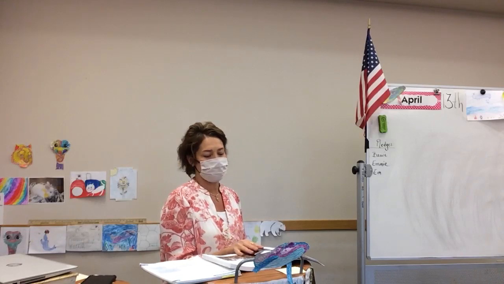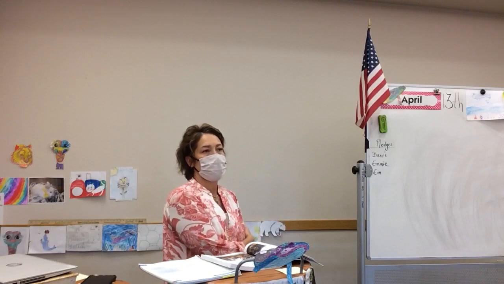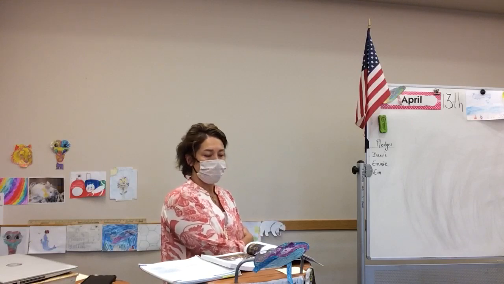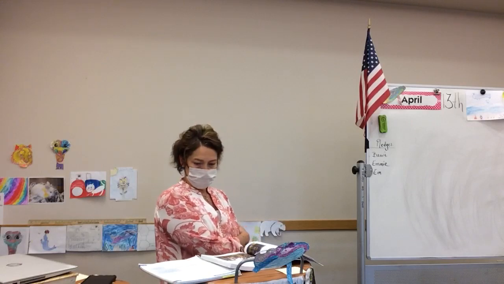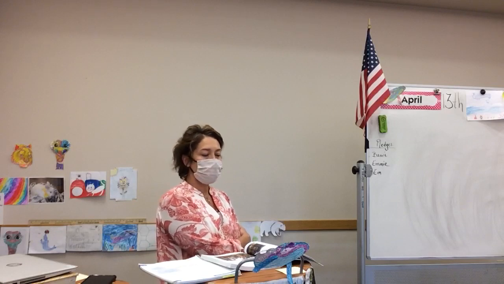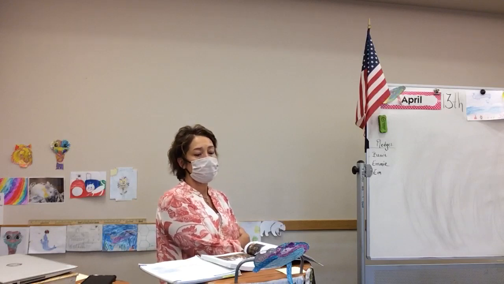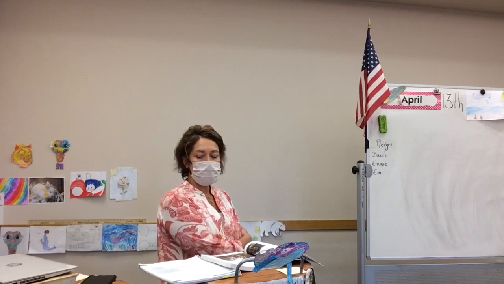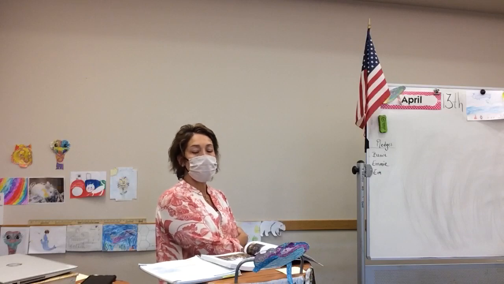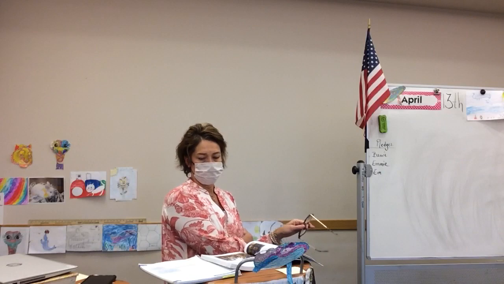So, what is an expedition? Tessa. It's a long trip to explore new. Yes, remember the long trip. It took a long time for them to go on this trip. Yes. So a long trip to explore an unknown area. Very good.